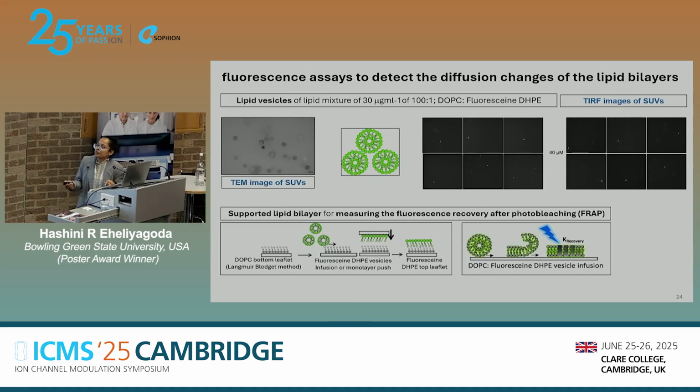We also did this study using the supported lipid bilayer to study the lateral diffusion of the lipid by measuring the fluorescence recovery after photobleaching a certain area of the lipid bilayer. So we can measure the lateral diffusion.